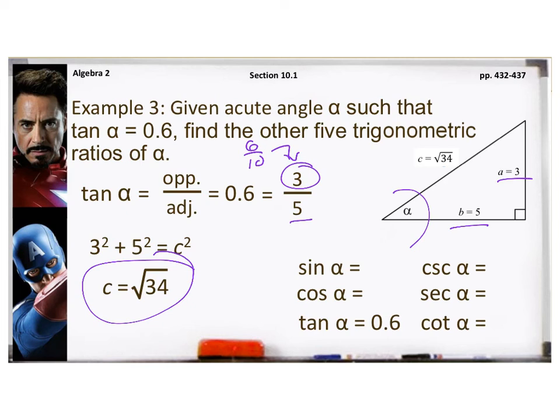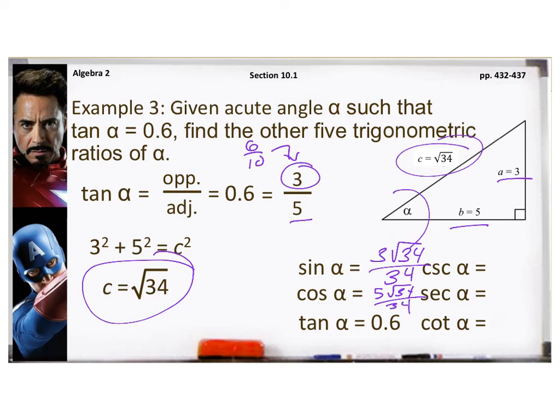Well, I'm going to rationalize. So it's going to be 3 root 34. Well, let's make this a little prettier. It's going to be 3 root 34 over 34. My cosine is going to have the same problem, so it's going to be 5 root 34 over 34.